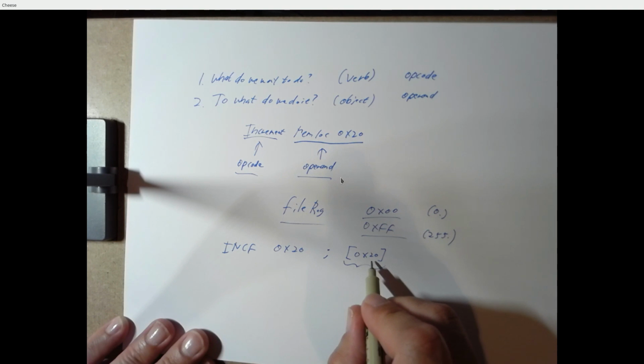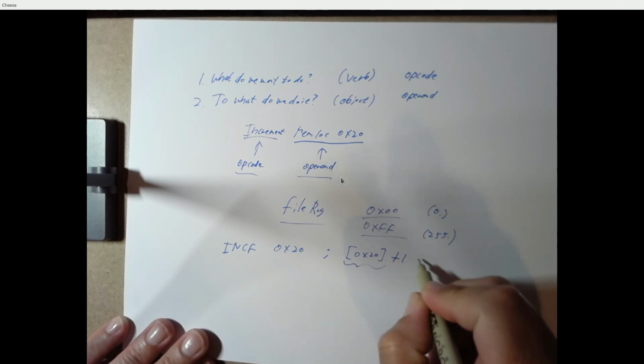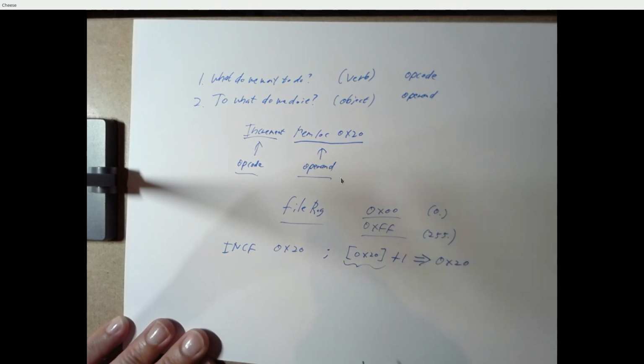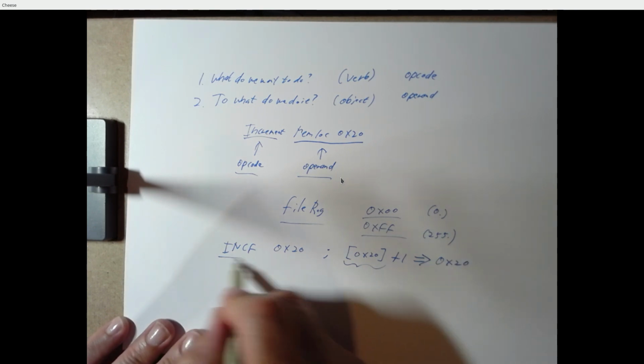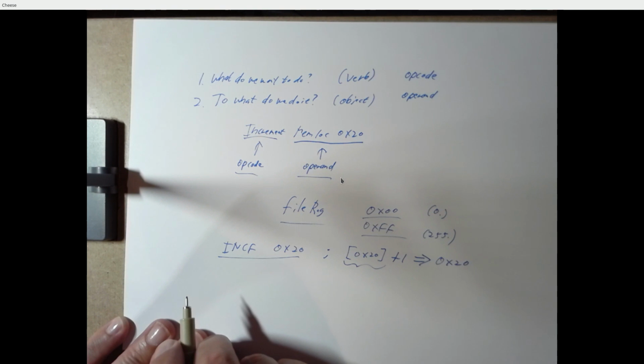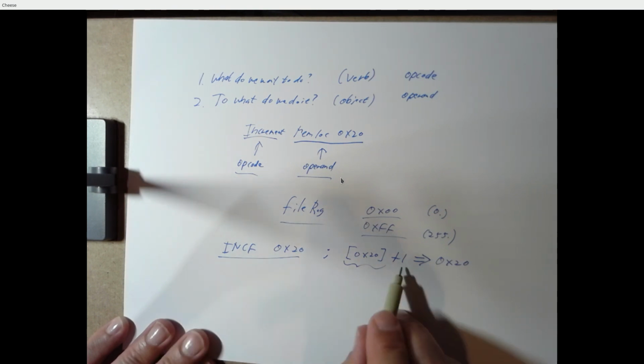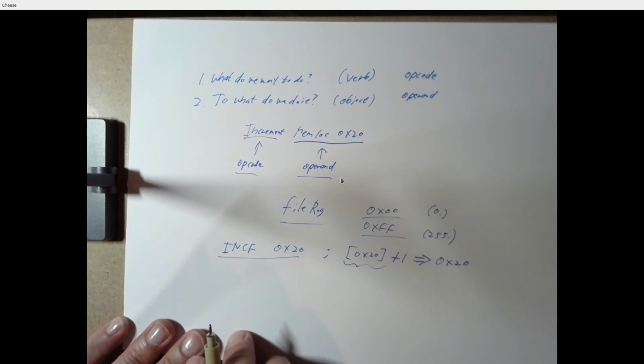So read the contents of memory location 20, add 1, and then write that back into memory location 20. That's what this instruction does. And it's a read, modify, write. Read this location, modify it by adding 1, and then write it into memory location 20. So read, modify, write. That's our life. And we can increment an instruction.